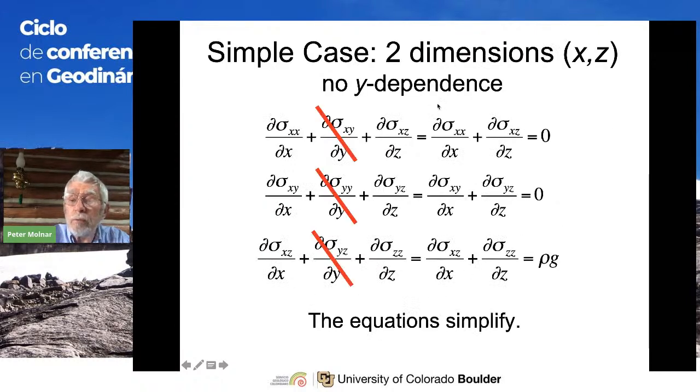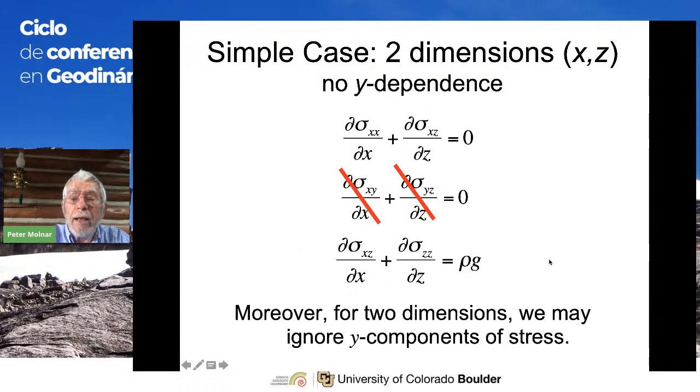I'm going to simplify all of this further in order to make a couple of points. First, let's make it two-dimensional, x and z. We throw out the y dependence, so we get rid of all three of these terms. So we wind up with these three equations, two terms in each of the first two balancing the body force in this one. And let's make it even simpler. Let's say there's no y dependence.